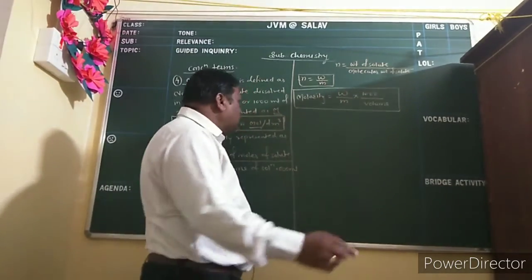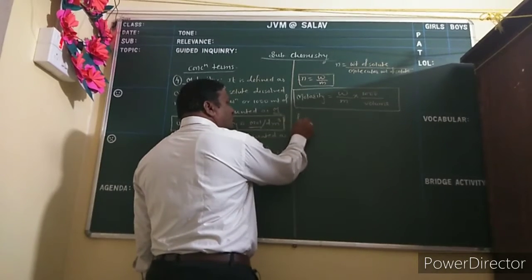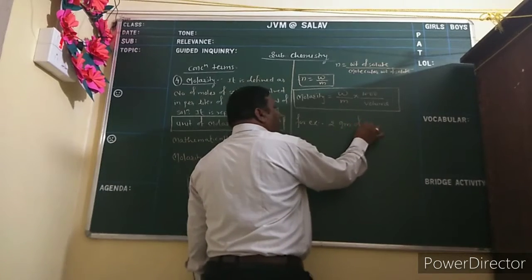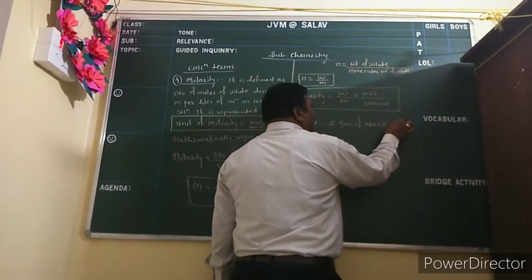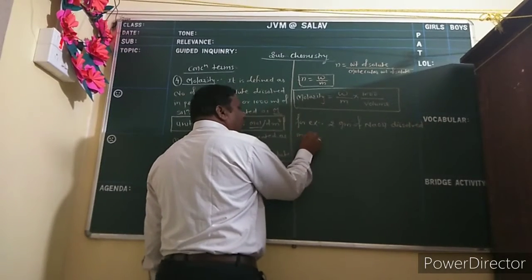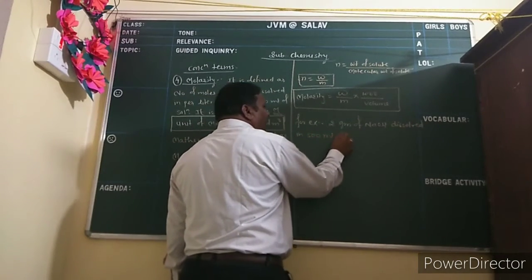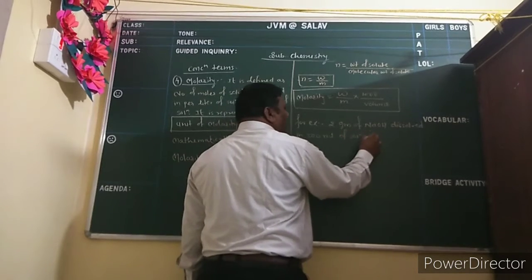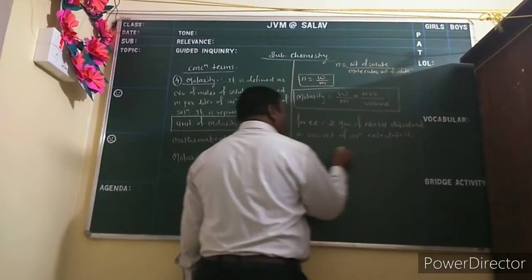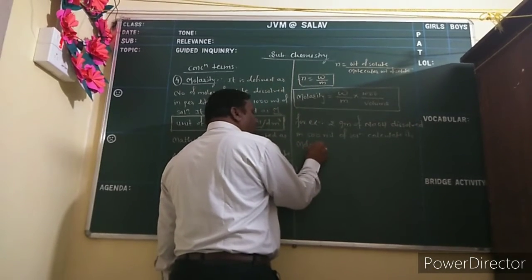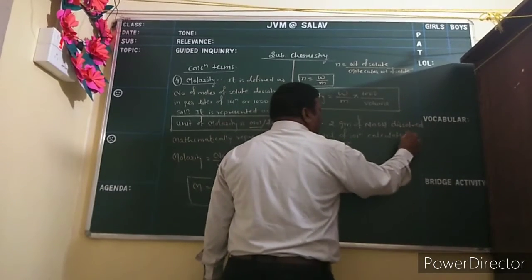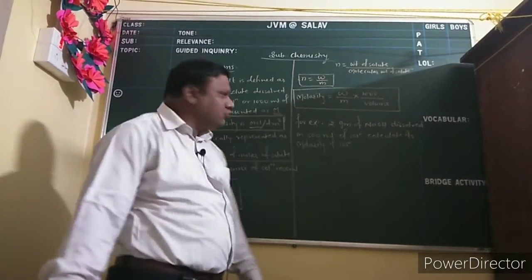Is it clear? Just for example, 2 gram of NaOH is dissolved in 500 ml of solution. Calculate the molarity of the solution.